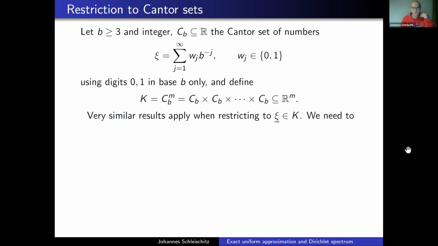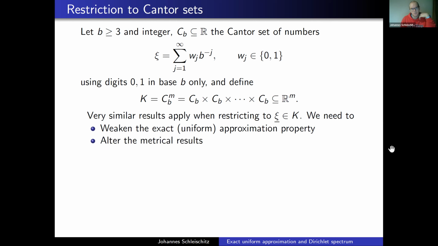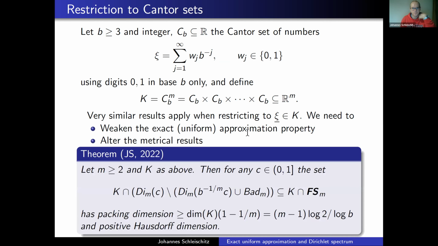Then we have still very similar results. We just have to weaken the approximation property a little bit, so you cannot prescribe up to a factor 1, but some other factor, and the metrical results must of course change when the set has smaller dimension. So the result is the following.